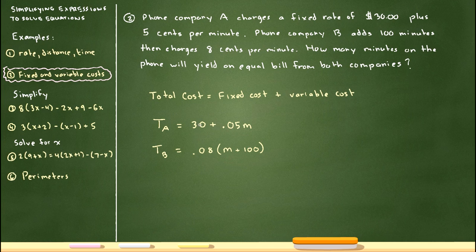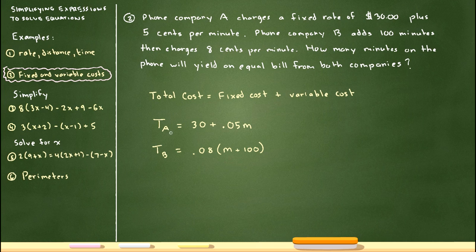And with phone company A, it's a little bit higher fixed cost, but it costs less to talk on the phone. So the question is asking how many minutes on the phone will yield an equal bill from both companies.